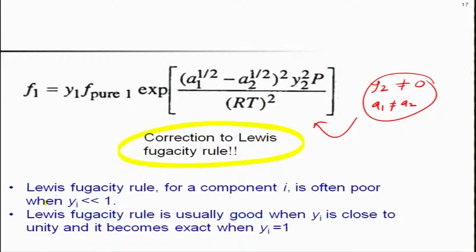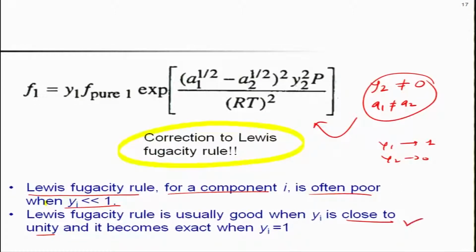Typically, the Lewis fugacity rule for a component i is often poor, or a bad approximation, when y of that component is much less than 1. The Lewis fugacity rule is usually good when yi is close to unity. For example, if y1 is close to 1, then of course y2 is close to 0. In that case, this particular expression will hold.